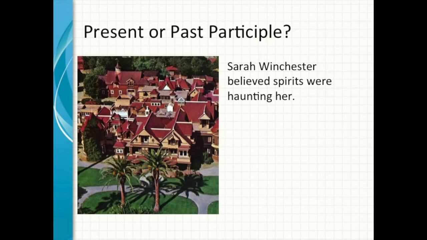Sarah Winchester believed spirits were haunting her. I tried to trick you with this one. Did you find the present participle haunting? I hope so. It's paired up with the helping verb were, which shows us that it's a participle form because were haunting works together to make the past progressive verb tense.